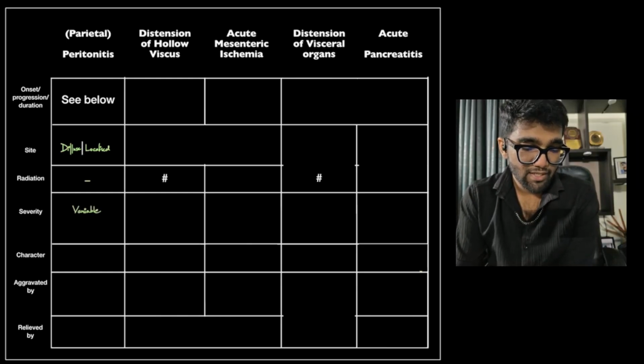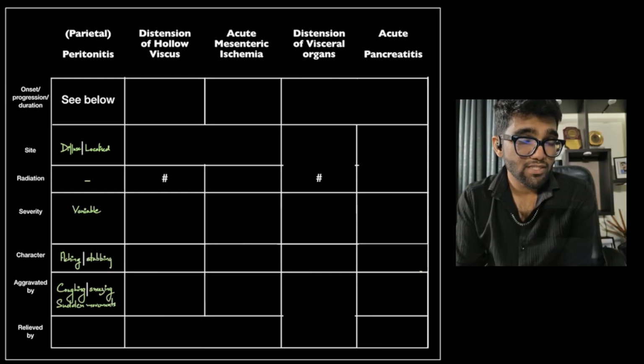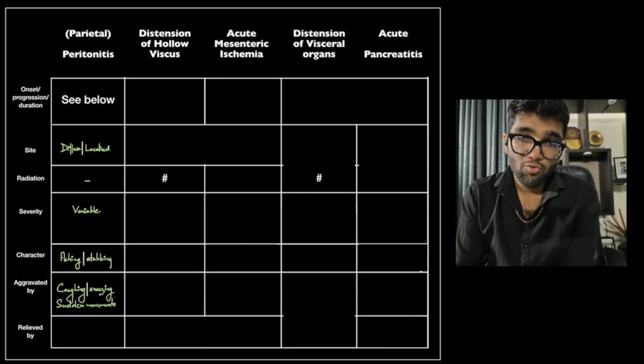The severity is variable, again depending on the cause. It is usually an aching or stabbing pain, and the most specific thing about the pain is that it is aggravated by sudden movement. So, coughing, sneezing, sudden movements of the patient, mechanical movements of the patient in any way.